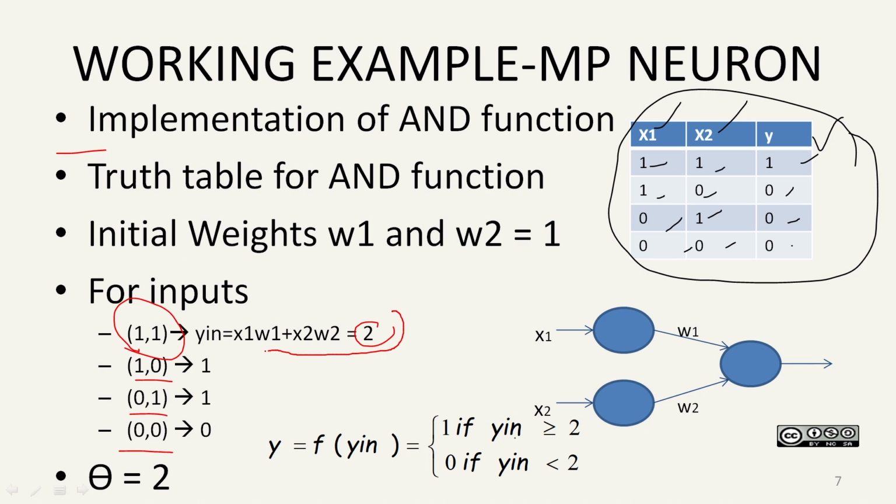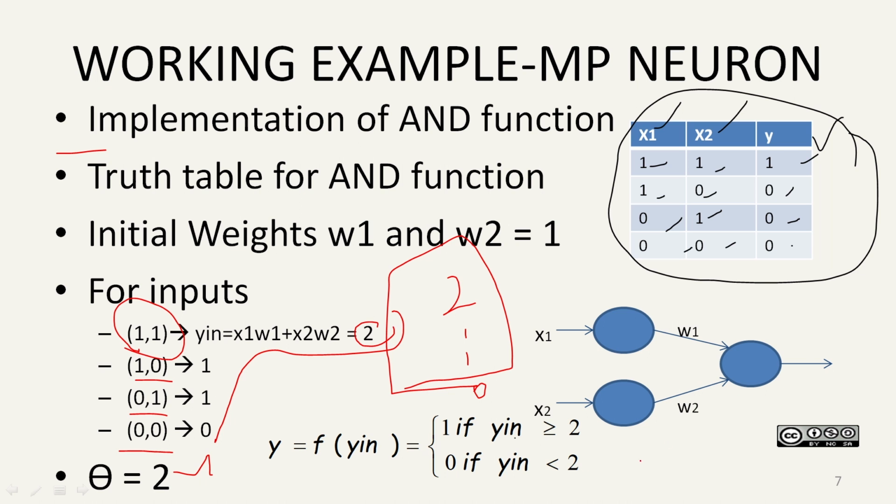If you observe this pattern, for 1 1 it is 2, and for other values it is 1, 1 and 0, right? So in order to make the threshold value, I can set the threshold value as theta equal to 2. If I do so, then I get 1 for the value greater than or equal to 2, and for the value less than 2, I will get 0.